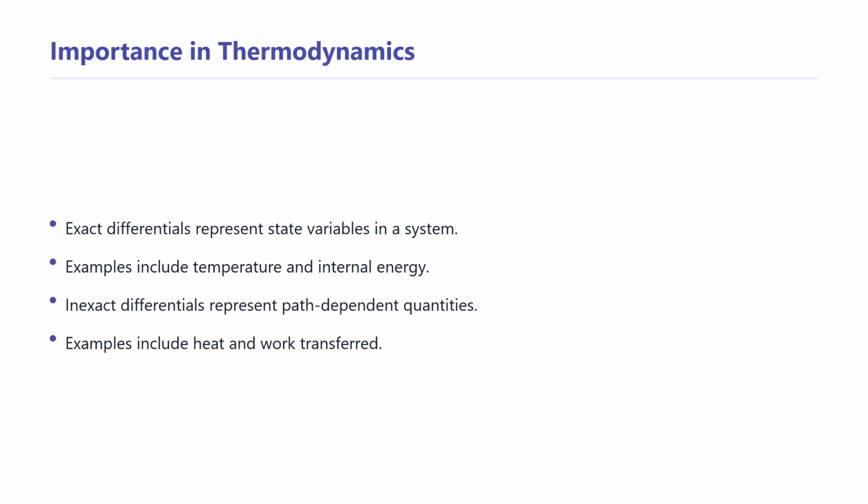Without the mathematical concept of exactness, we simply could not distinguish between the energy stored inherently in a system and the energy transferred as heat. Understanding exactness allows physicists and engineers to predict how a system will behave, ensuring that engines and refrigerators operate exactly as the laws of thermodynamics dictate.